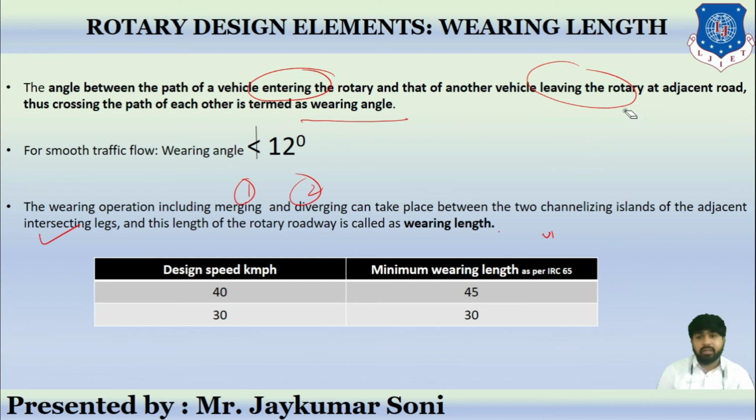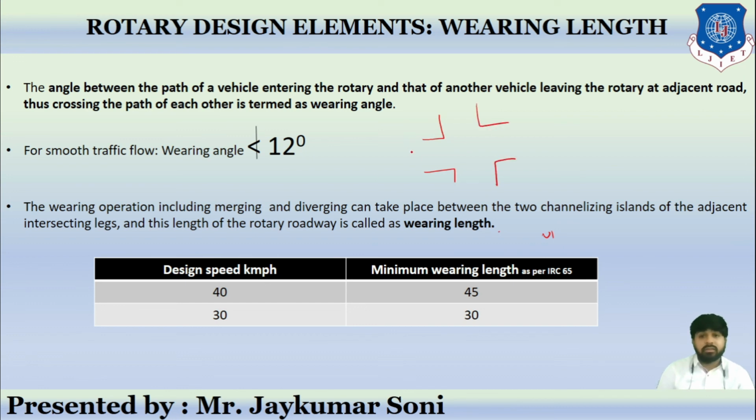Let me make it easy for you to understand. So it would be like this. See, this is merging, this is diverging. What is being written over here is that the weaving operation, including merging and diverging, can take place between the two channelizing islands, this island to this island, of the adjacent intersecting legs.